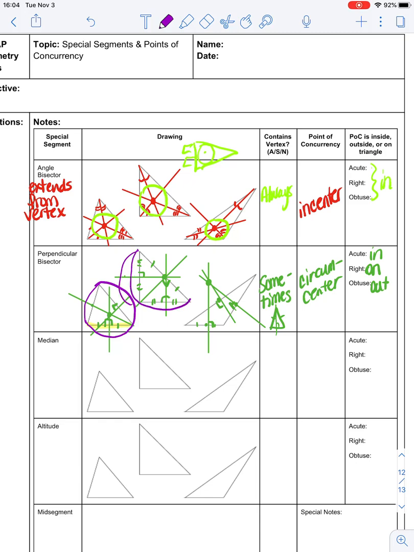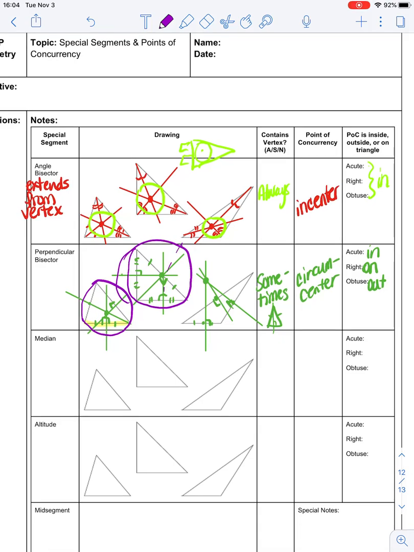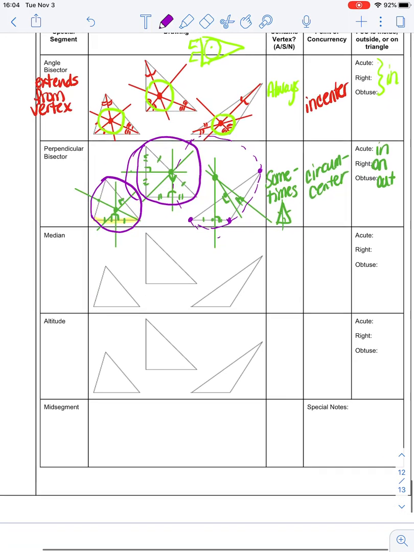It would be the center of the circle that would go through all the points of the triangle, so each of the three vertices of the triangle would be on the circle. So the perpendicular bisectors intersect at what's called the circumcenter, and it gives us the big circle that goes around the outside. Just an interesting fact.